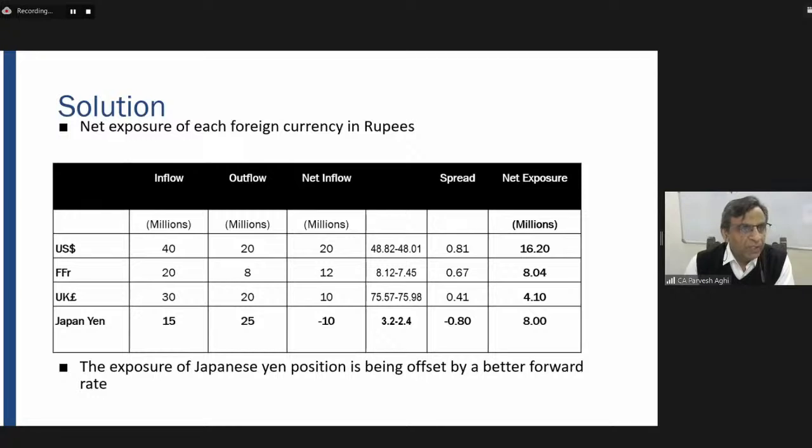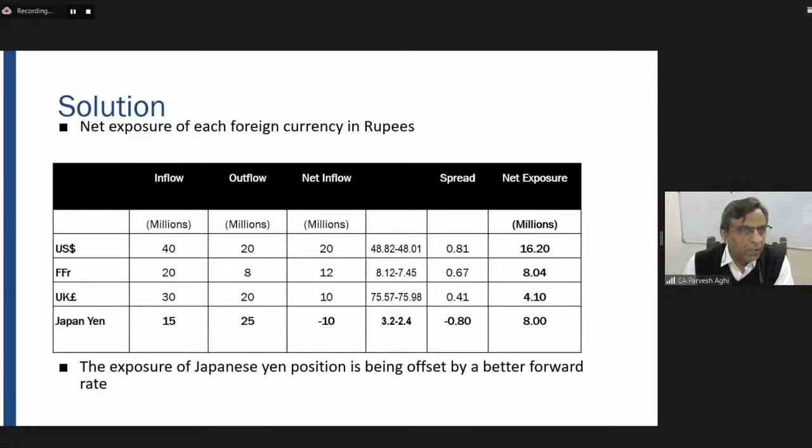The net exposure is 12 million, and the French franc is moving up from 7.45 to 8.12, the forward rate. So his exposure will further go down, and it will be 12 multiplied by 0.67, which is 8.04. Now 16.2 has been calculated as 20 multiplied by 0.81.